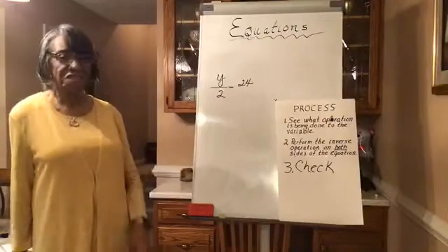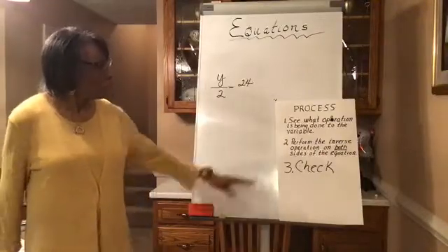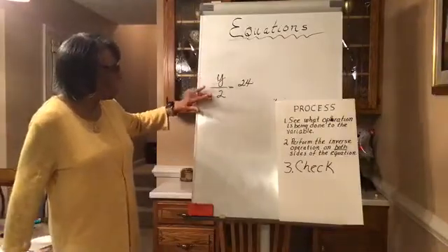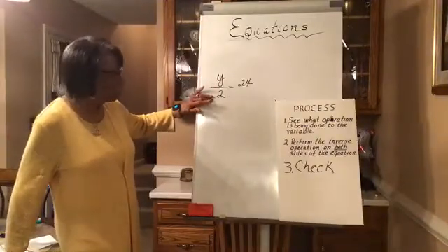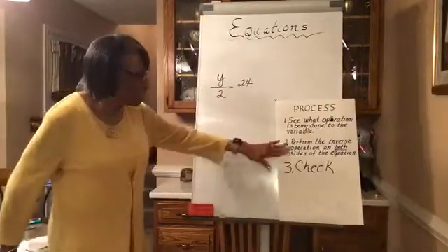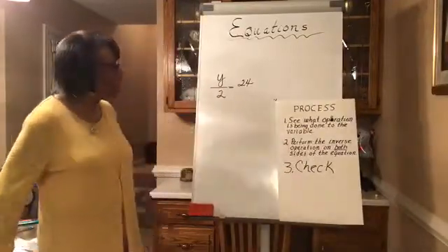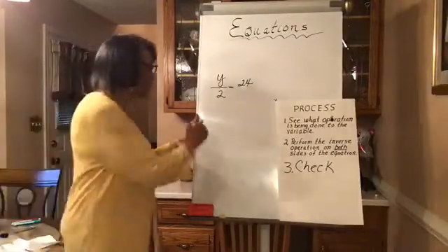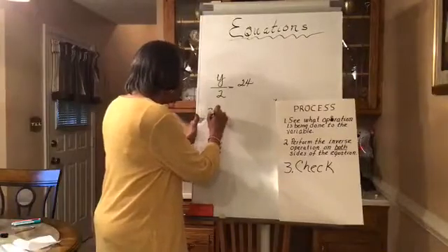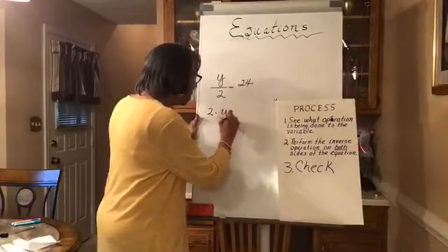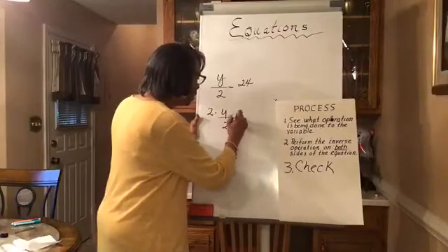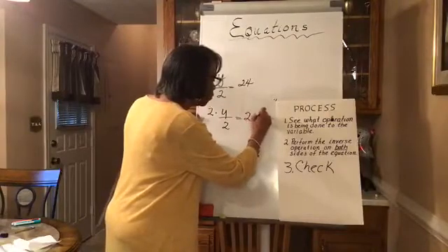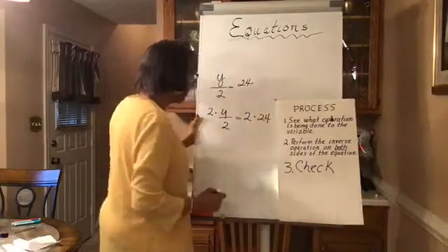All right, let's see what you did. What operation is being done to the variable? This says y divided by 2. So this is division. All right, what is the inverse operation of dividing by 2? Multiplying by 2. So we have 2 times y divided by 2 equals, and we have to do the same thing, 2 times 24.